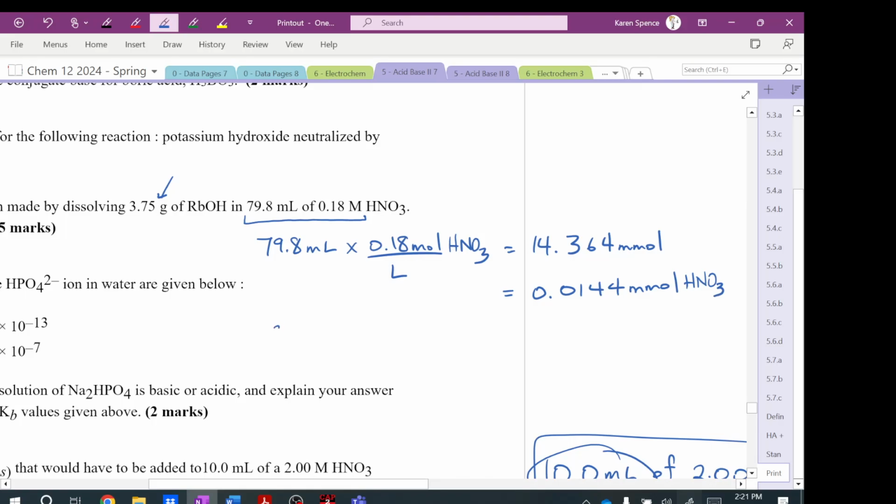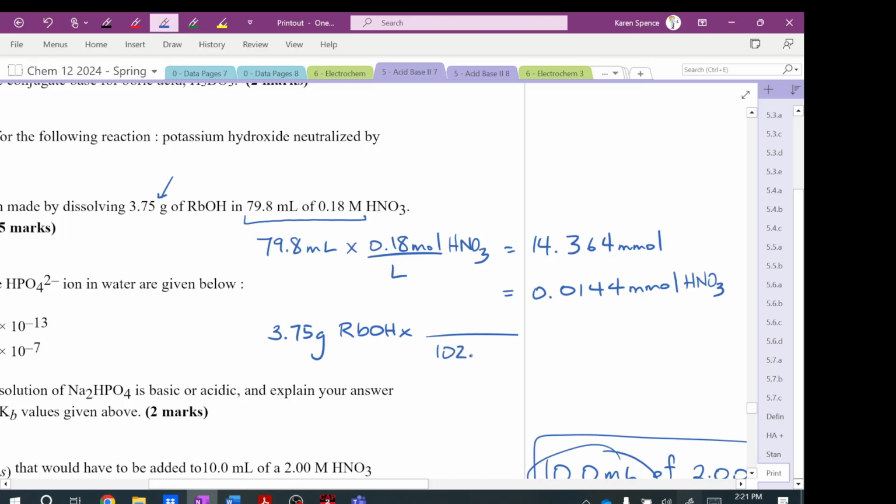We have 3.75 grams of RbOH. And the molar mass of RbOH, rubidium, is 85.5 plus 16 plus 1, which is 102.5 grams per mole.